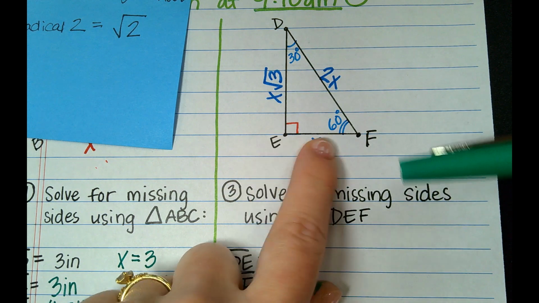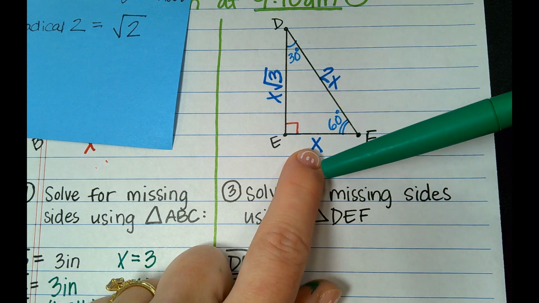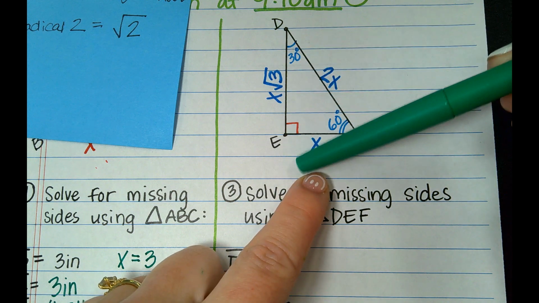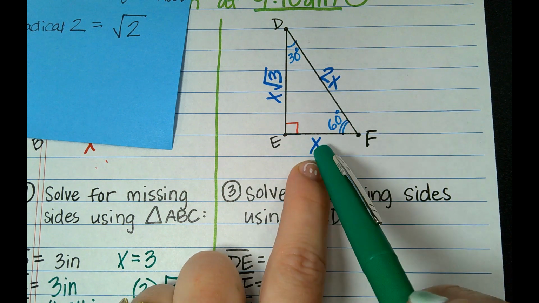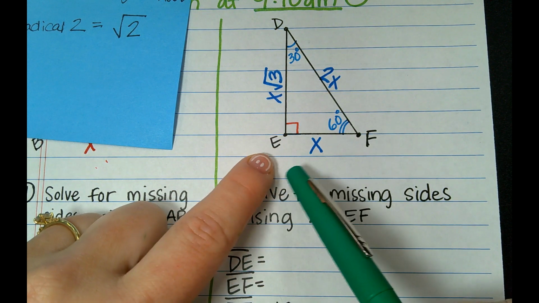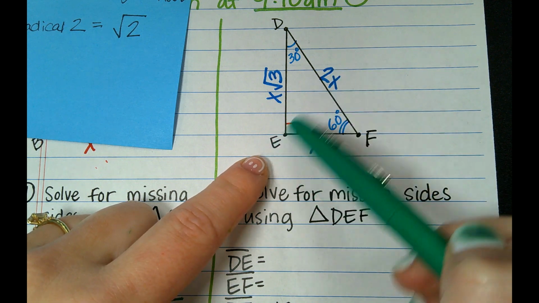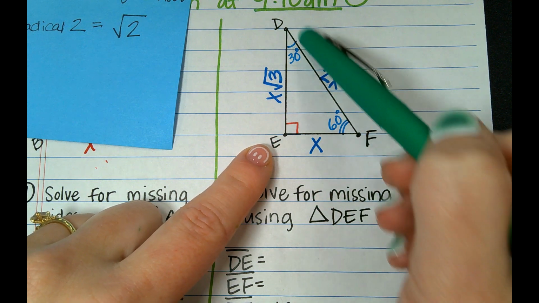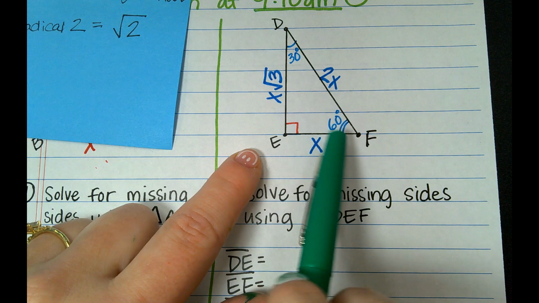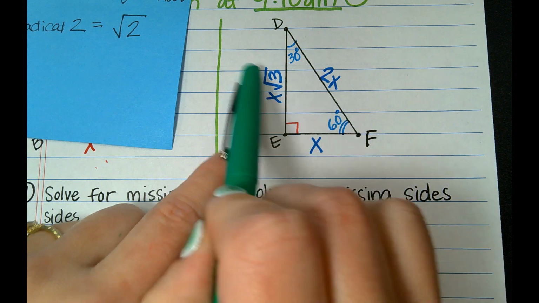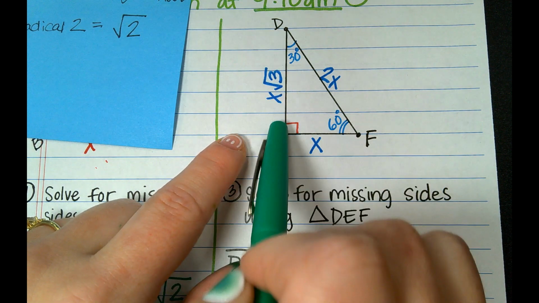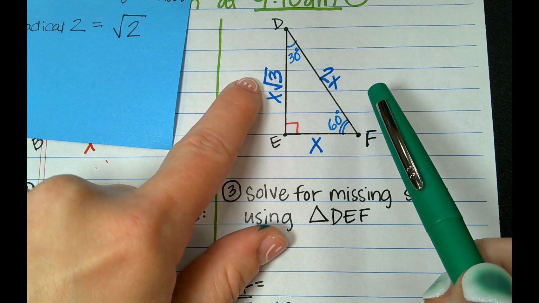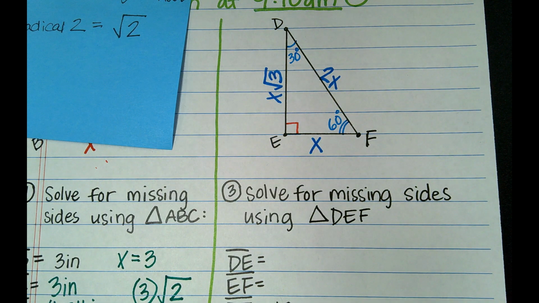The side that is the shortest, right across from my 30-degree angle, that's x. The side across from my 90-degree angle, my longest side, is 2x. And the side across from 60 degrees, my middle angle, is x times radical 3.